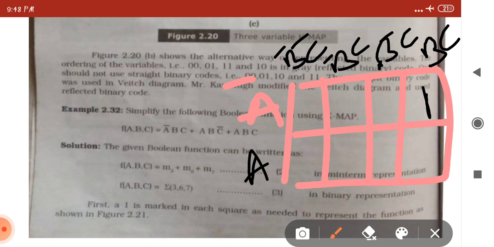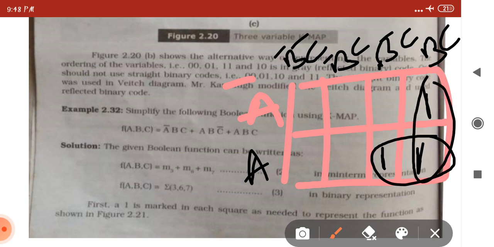A B C bar, this one is a 1. A B C, this one is 1. There the two groups come here like that.